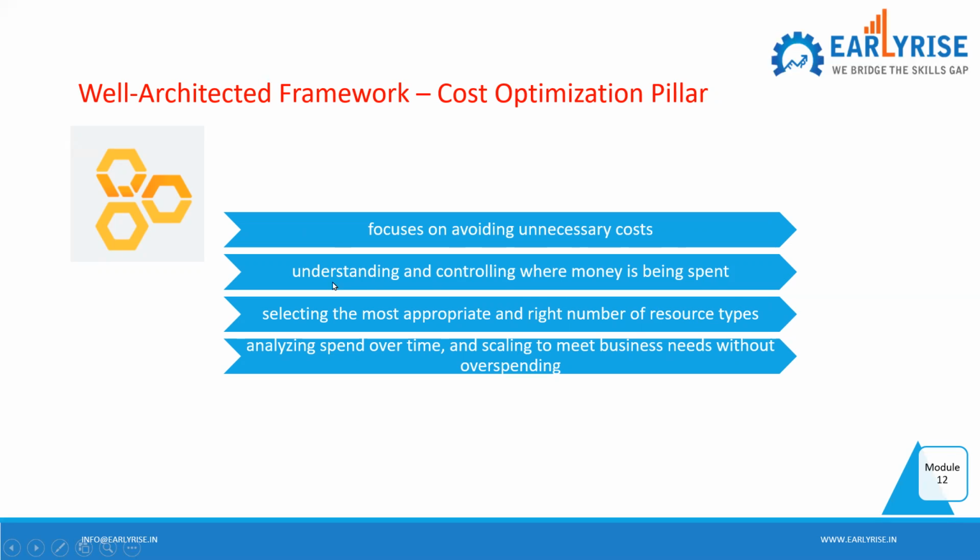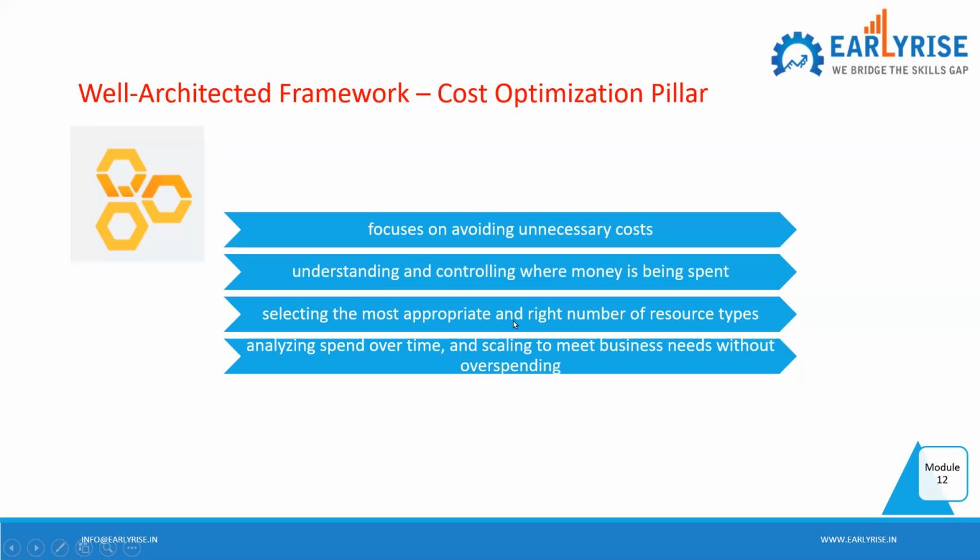If we don't know where our money is going, we will always be running short of money. Whatever money we get, it will always be challenging to manage things. So we should understand where it is going, and then only can we manage it properly and optimize it.